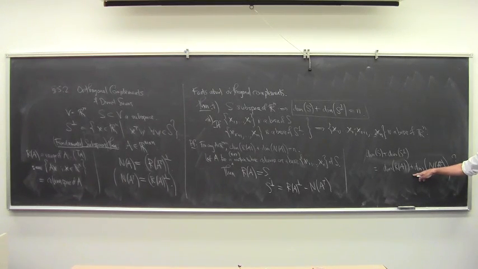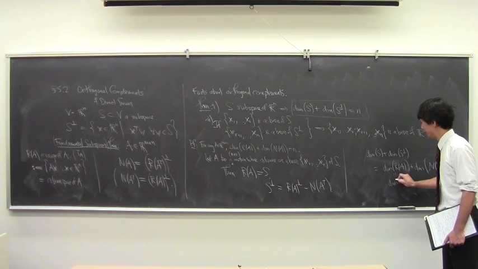Will the dimension of the null space of A equal the dimension of the null space of A transpose? No, we don't know that, but we know something similar. The dimension of the range of A, the column space of A, is the same as the dimension of the row space of A, namely the column space of the transpose.